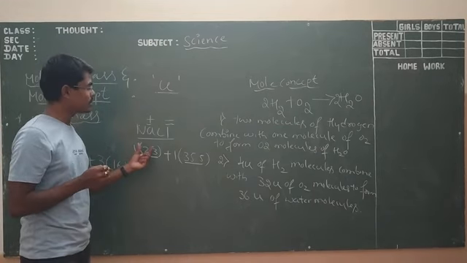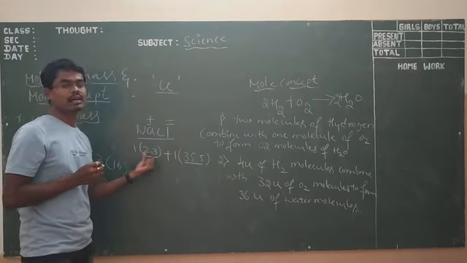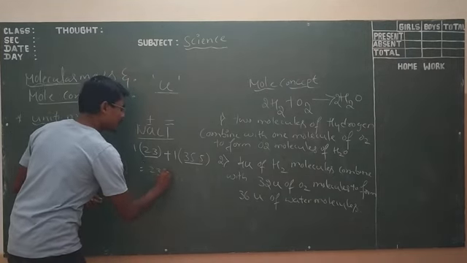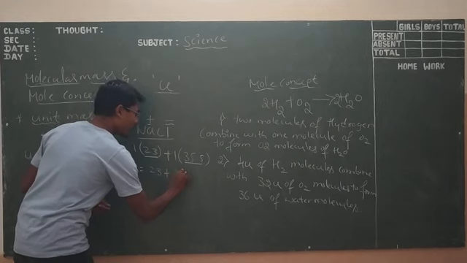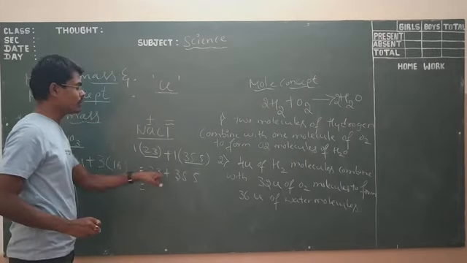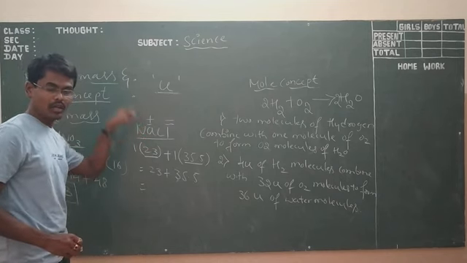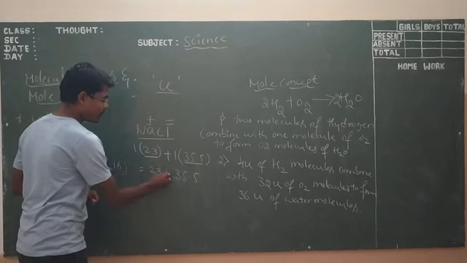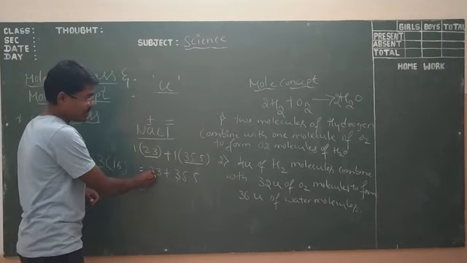You can refer to that to get the atomic mass values. Then 1 into 23 gives 23, and 1 into 35.5 gives 35.5. By adding these two you will get the unit mass of sodium chloride. What is the value? 35.5 plus 23, right?